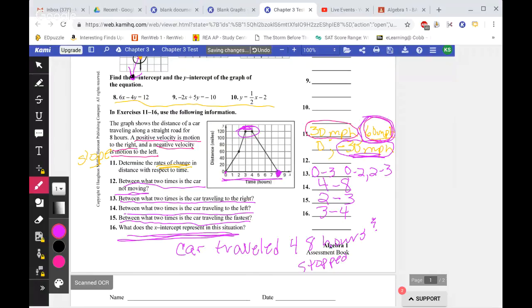So that one won't be on the test? No, ma'am. That one will not be on the test. Thank you. No problem. Definitely need to focus on 11, 13, and 14 on this.